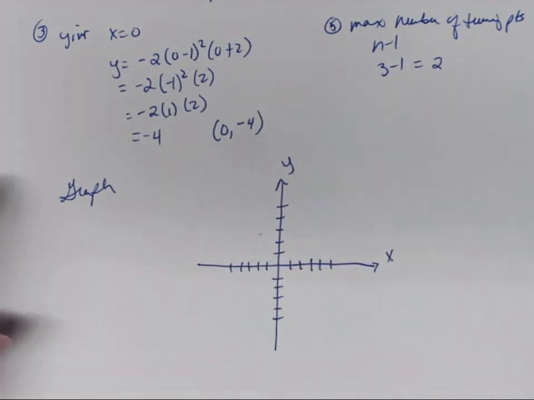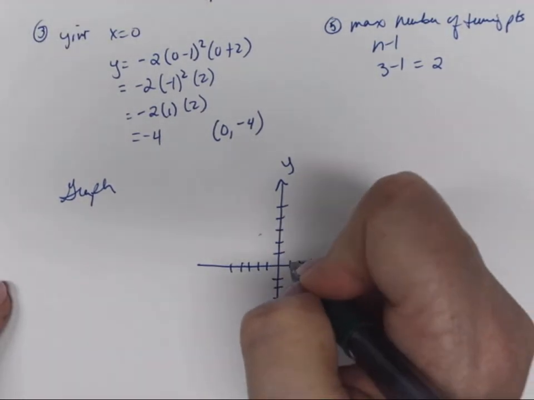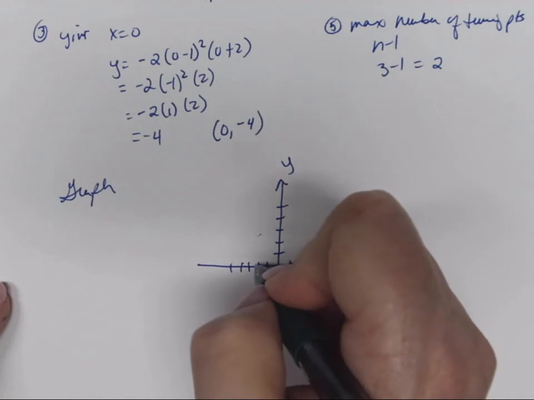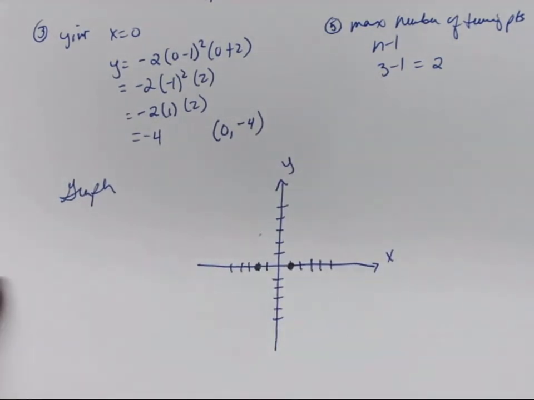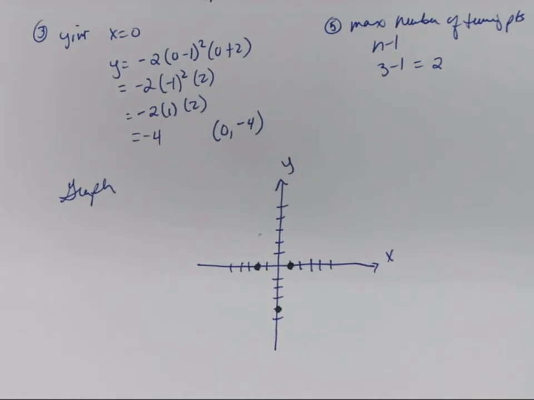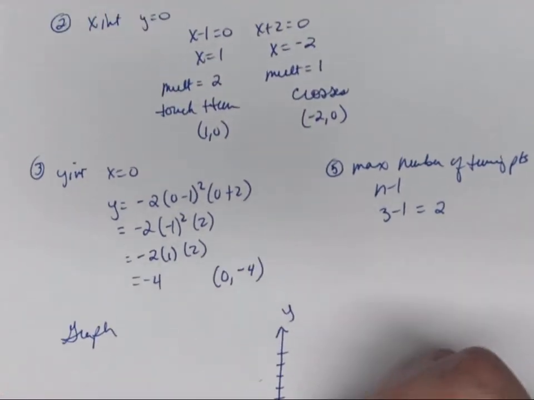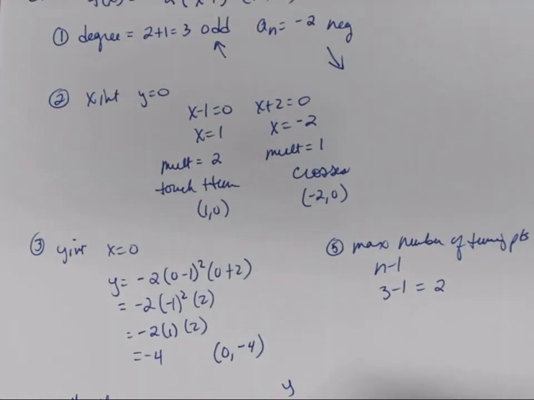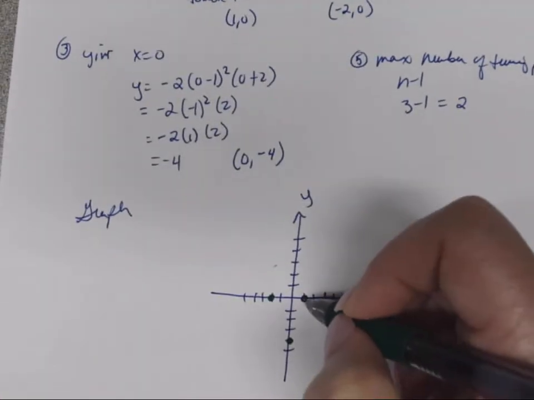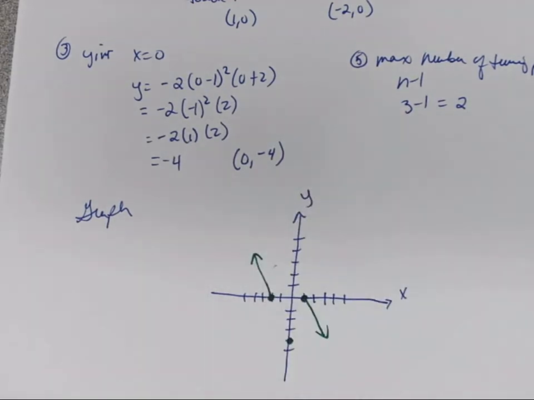So, for our graph here, we'll start with our x-intercepts. We're at 1, and we are at negative 2. Our y-intercept is at negative 4. And we know that the points of our graph are going to go down on one side and up on the other. So we're going down this way. We know this side will go up like that.